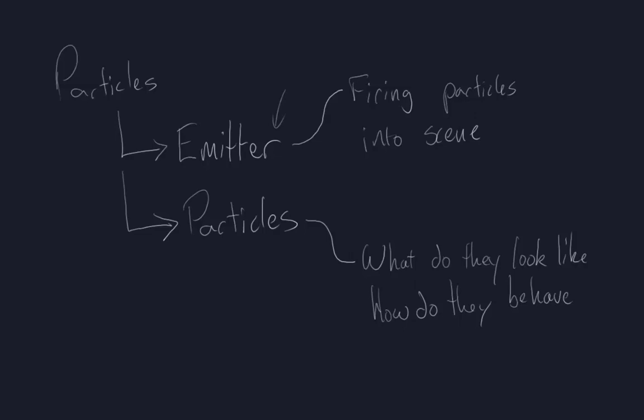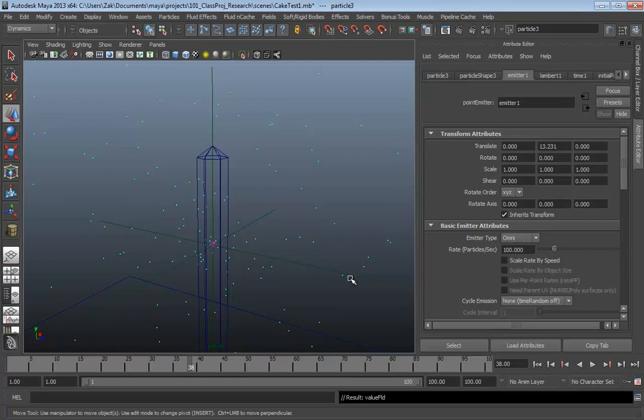Okay, so let's go back over to Maya, and we're going to set a few things up. First off, we're going to start off with just the emitter. Let's give this a name. Let's call it emit underscore stage 1.